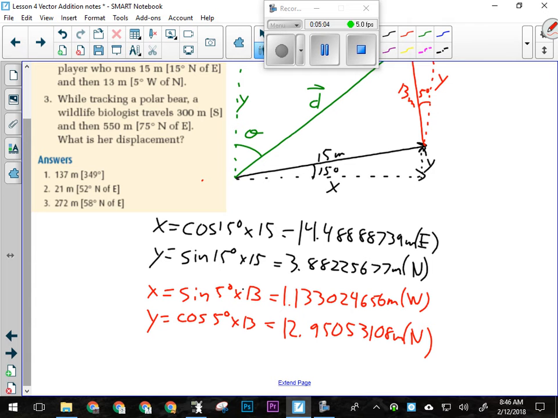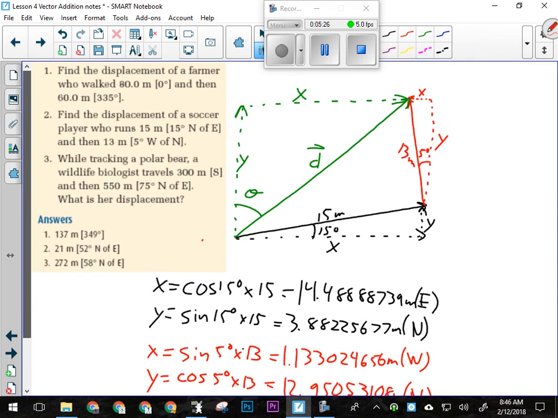All right, so now I have all the x's and all the y's. What do I do with them next? Jamie, what do I do with them? Right, I add the x's together, I add the y's together, and that will give me my resultant x and resultant y.